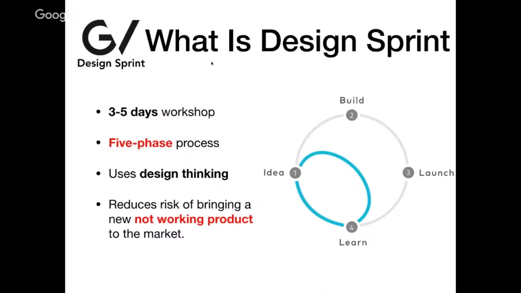There are 5 phases in which we will try to understand the business of the customer. We will try to understand all the details around. We will ask many smart people, and then we will think about everything, sketch some ideas, build a prototype, and test it with real end users.